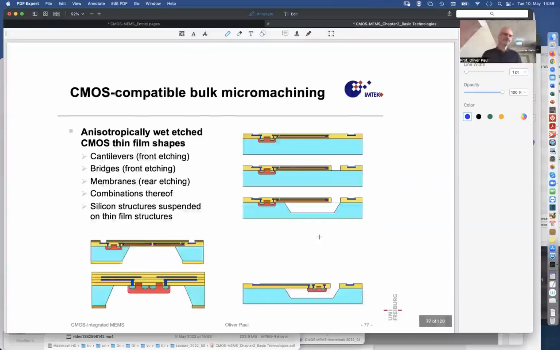And if we apply that to CMOS compatible CMOS structures, what might be produced? So if we etch across the wafer from the back, we can stop at the first layer that is not silicon. What is the first layer that is not silicon? It is the field oxide.